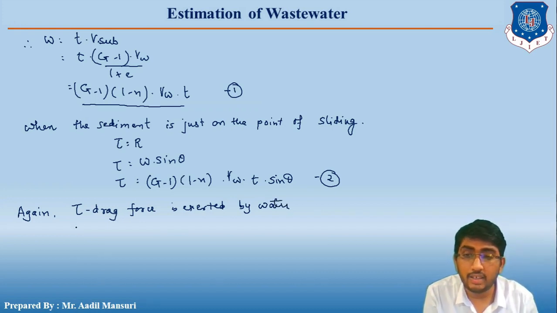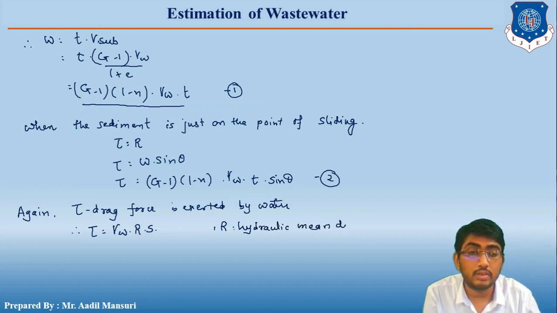So can I write that tau is equal to gamma W into R into S, where R is hydraulic mean depth. This is the formula of drag force. That is tau is equal to gamma W R into S, where R is hydraulic mean depth and S is bed slope.